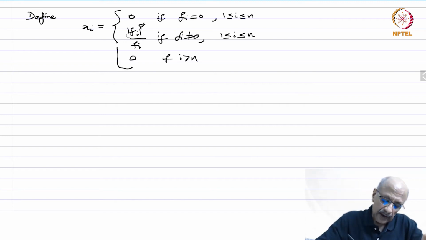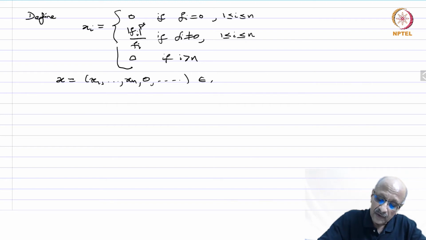So if you look at x, it is in fact of the form x1 to xn and then zeros, and therefore automatically, since it is a finite sequence, this belongs to lp.